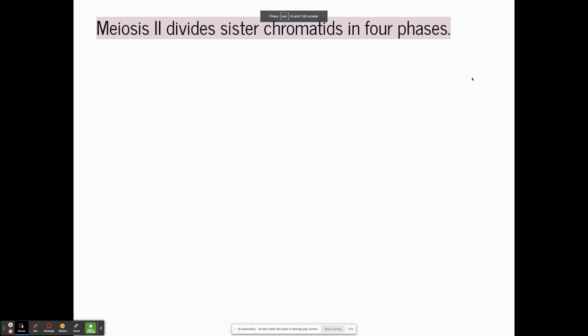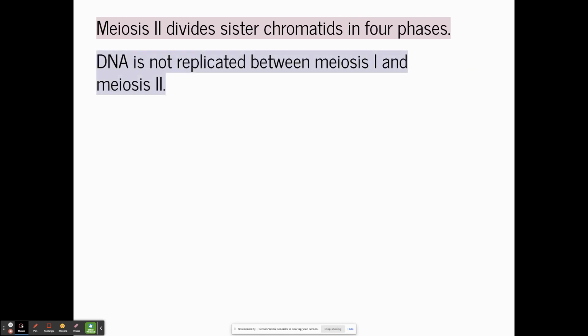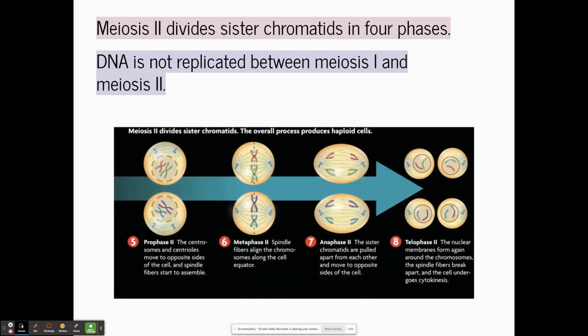Meiosis 2 divides the sister chromatids in four phases. DNA is not replicated between meiosis 1 and meiosis 2. It only replicates during meiosis 1. As we see here, in meiosis 2, we go through the same phases: prophase, metaphase, anaphase, and telophase.